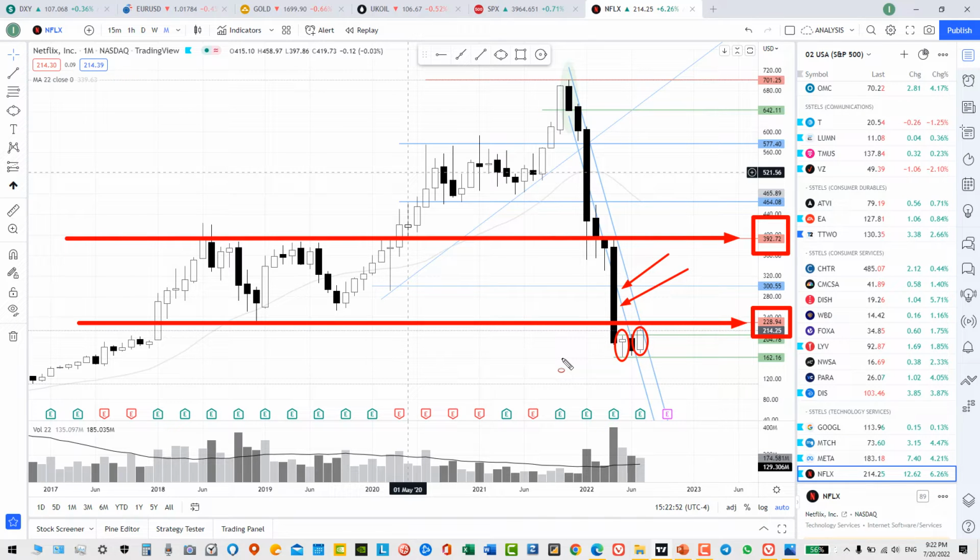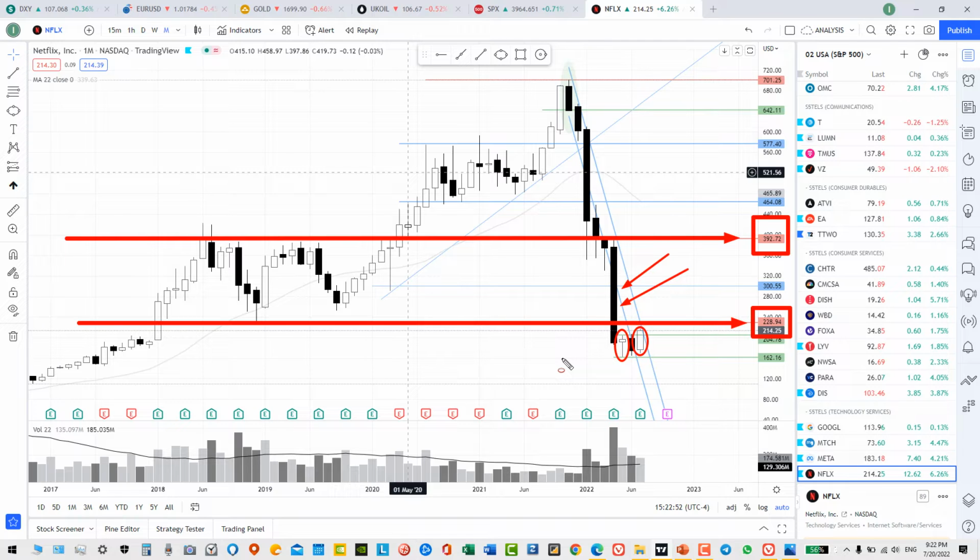Keep in mind that the size of the upward monthly action is much smaller than the effect of the very long black candles over the monthly chart.